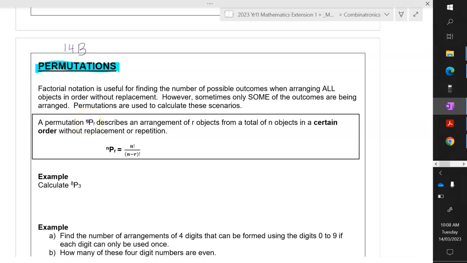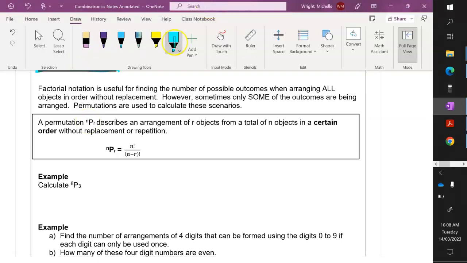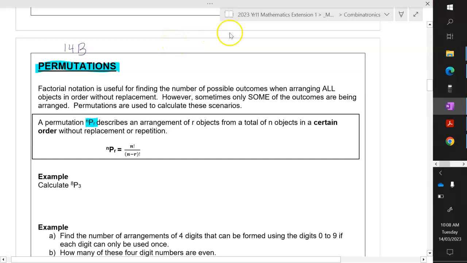That's the name of that permutation. I'm just going to grab the highlighter and highlight for us. So a permutation nPr describes the arrangement of r objects from a total of n in a certain order without replacement or repetition. So nPr is n factorial over n minus r factorial.